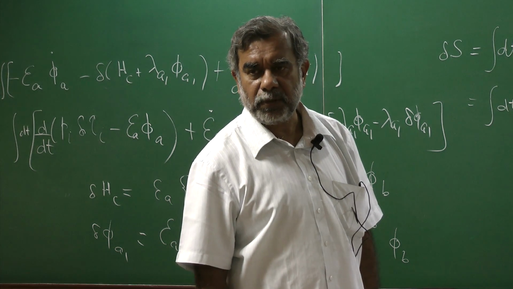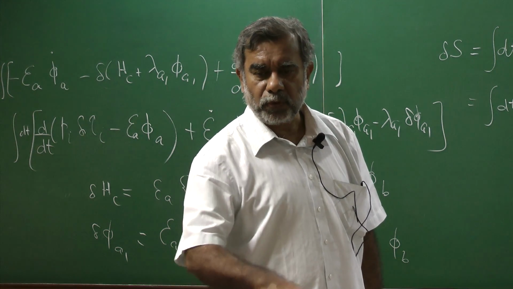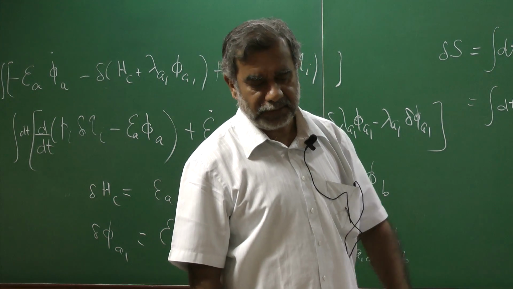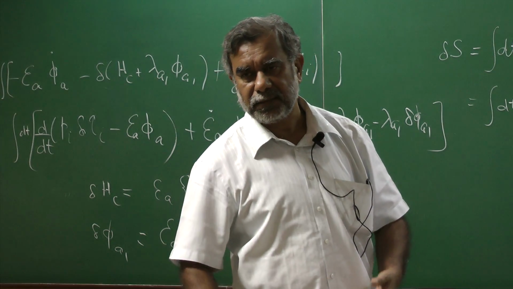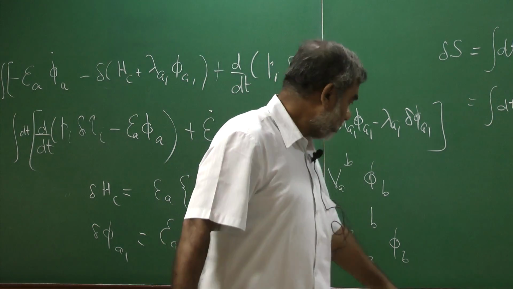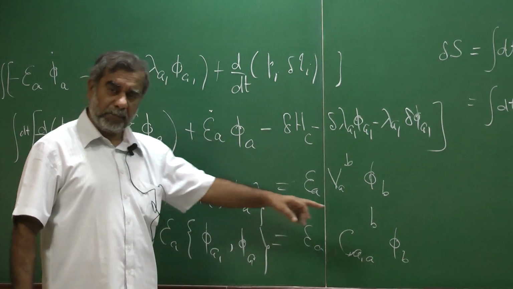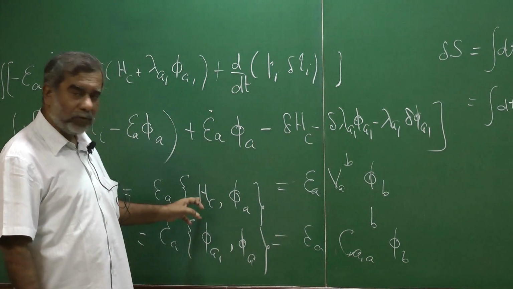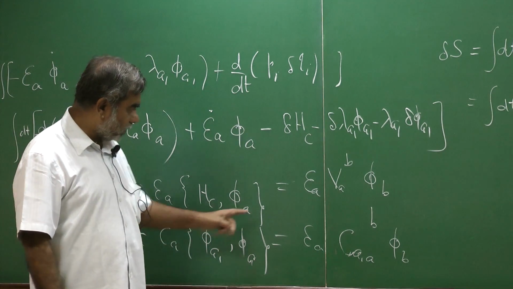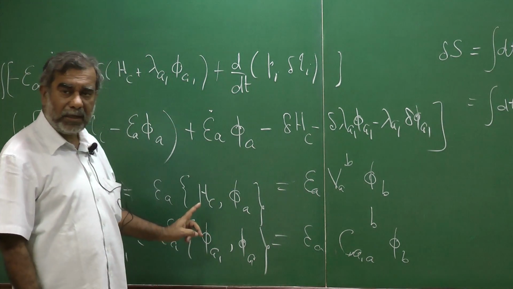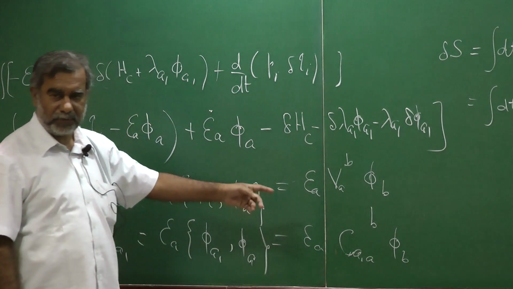However, the total Hamiltonian comprises two pieces, the canonical part and the primary constraint part. Now, this with this is already proportional. Therefore, this also has to be proportional. You follow? This is the reason that with the canonical Hamiltonian the algebra with the first class constraint also closes. This is very important.